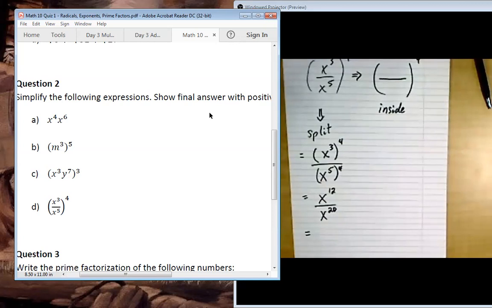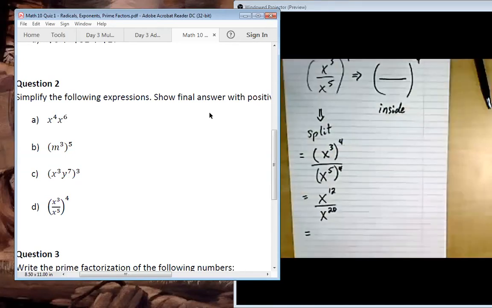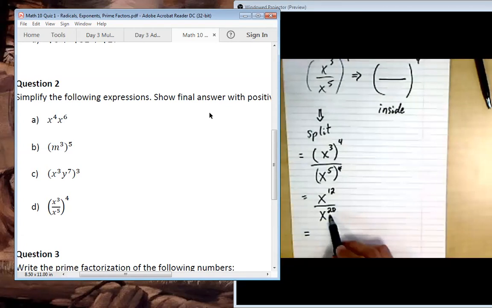You just got to remember where it goes. What is 20 minus 12 there? That's what your fingers and toes are for. And your friends. 8, that's true. Now does it go on the top or on the bottom? Bottom, because there's more X's on the bottom than on the top.